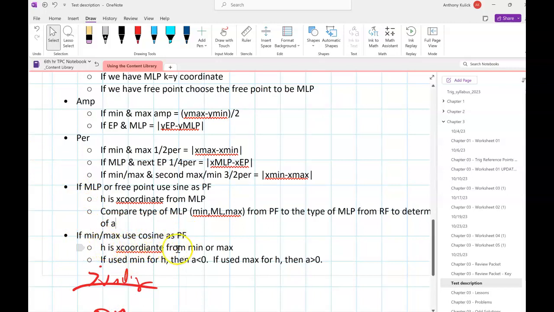So again, h is going to be the x-coordinate from either the min or the max. If I use the minimum for h, then the a is negative. And if I use the maximum for h, then the a is positive.